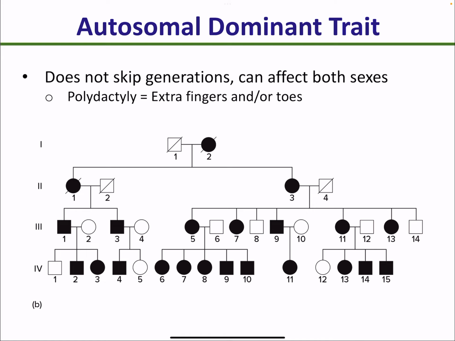So, in the case of dominant traits, remember that dominant traits do not skip a generation. They can affect both sexes. We already mentioned that earlier. An example of a dominant trait is going to be polydactyly, right? Which is extra fingers or extra toes, right?